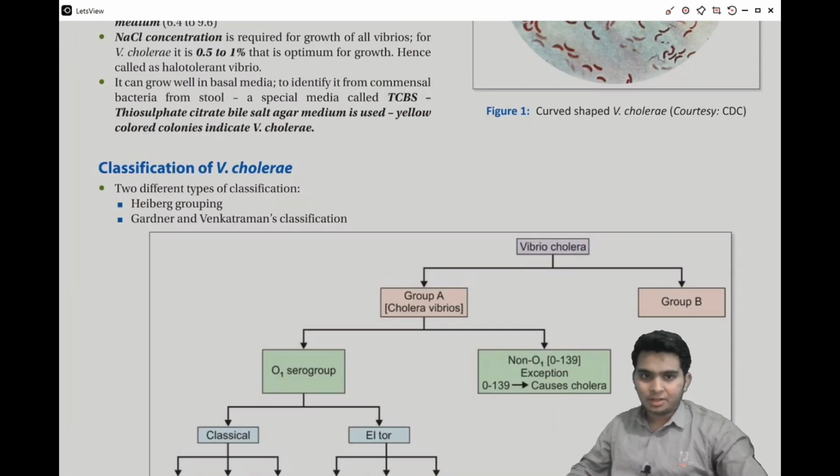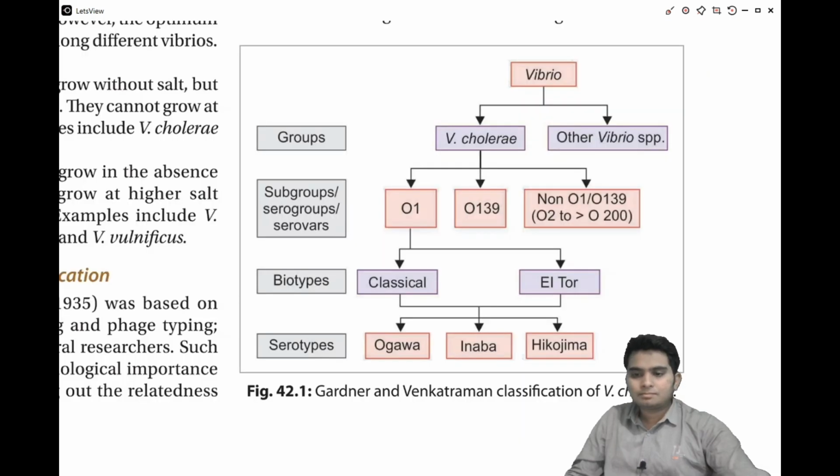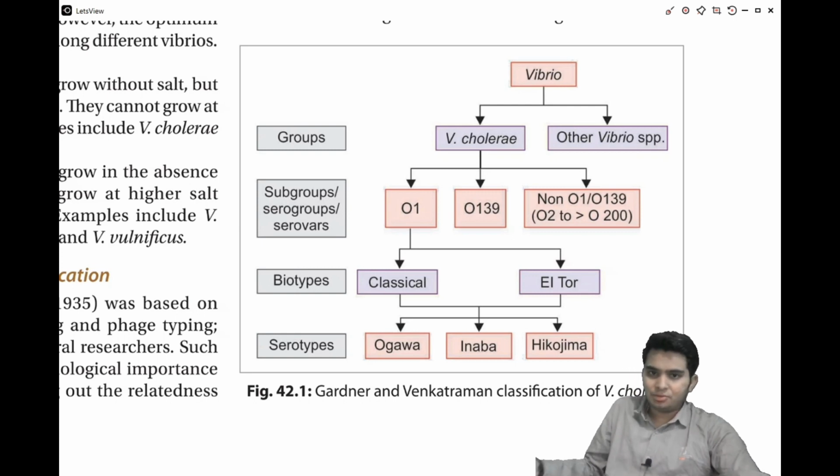There are two different types of classification of Vibrio cholerae. First one is the Heiberg grouping and the other one is the Gardner and Venkatraman classification. Here we will discuss the Gardner and Venkatraman classification. So Vibrio is classified into two groups: first the Vibrio cholerae and other Vibrio species.